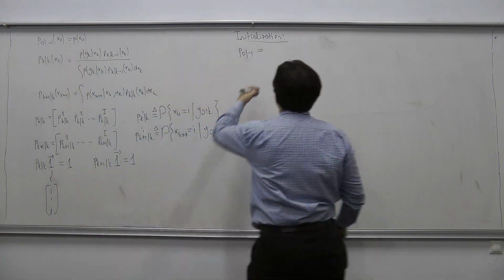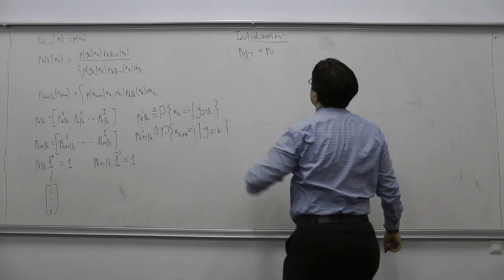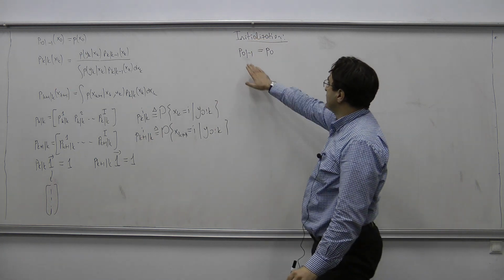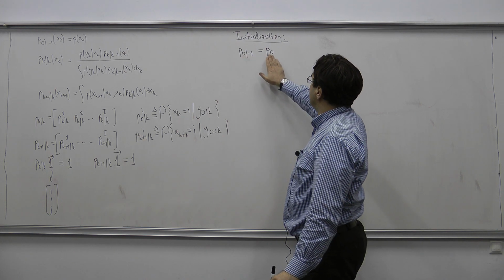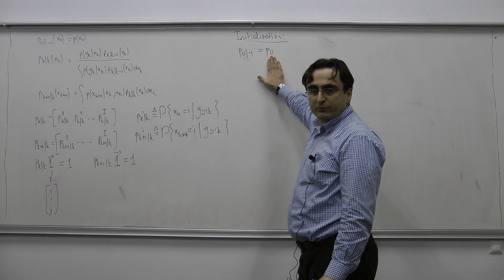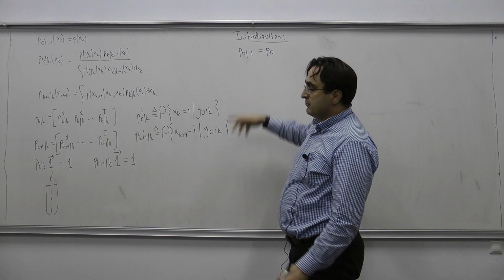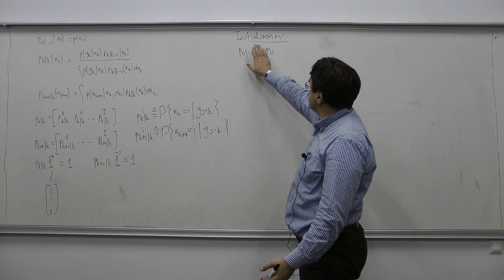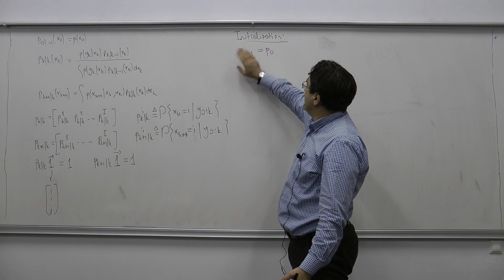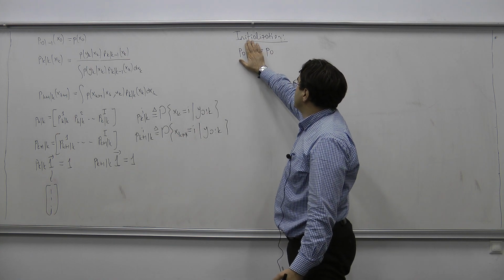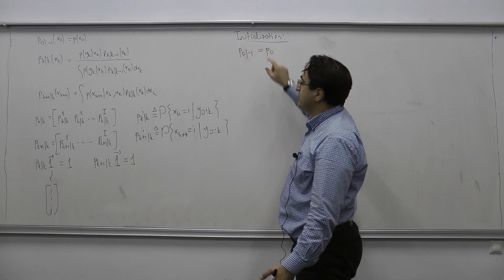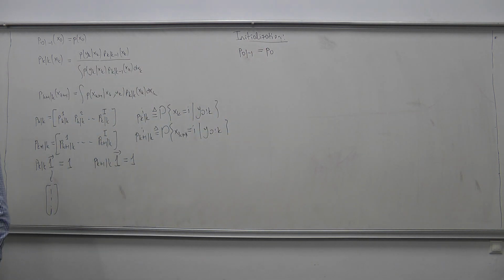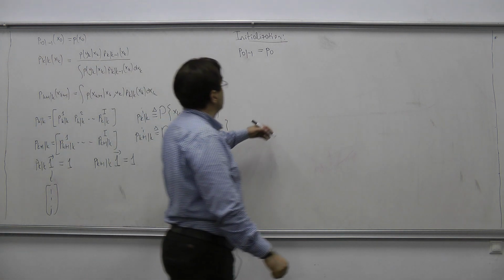That means it is nothing but the p_0 vector. Okay? So this is the initialization of our recursion. We are going to start p_{0|-1} with the initial distribution of the Markov chain, because at time minus 1 there are no measurements, and the distribution of x_0 should be p_0. Okay? Let us now go into the measurement update.